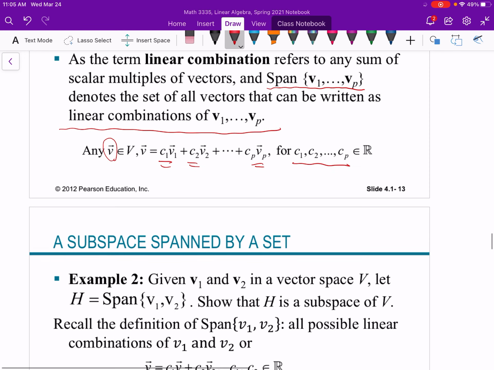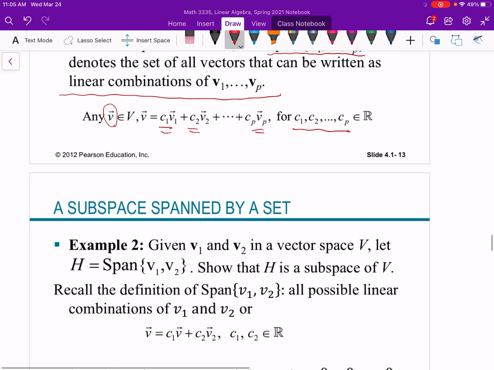All right, let's look at an example here. Given v1 and v2 in a vector space V, let H be the span, meaning the subset of all possible linear combinations of v1 and v2. We want to show that span v1, v2 is a subspace. Every element in this span can be written as a linear combination of v1 and v2.